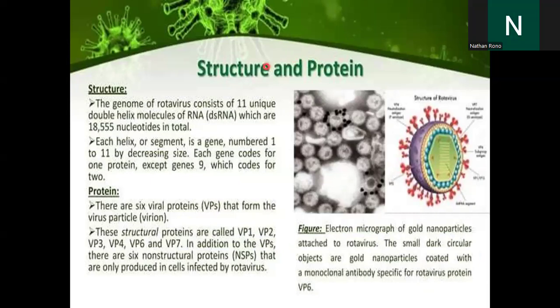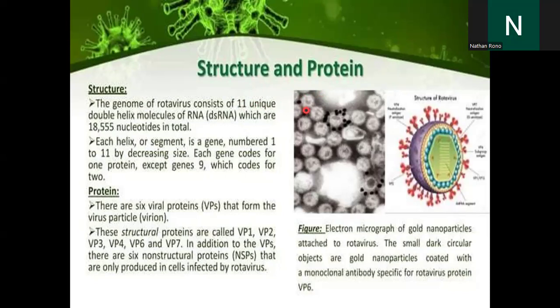So from the replication cycle of the virus, we know that RNA directly acts as messenger RNA, isn't it? Then what happens is it's translated by the ribosome, then it produces the viral proteins.